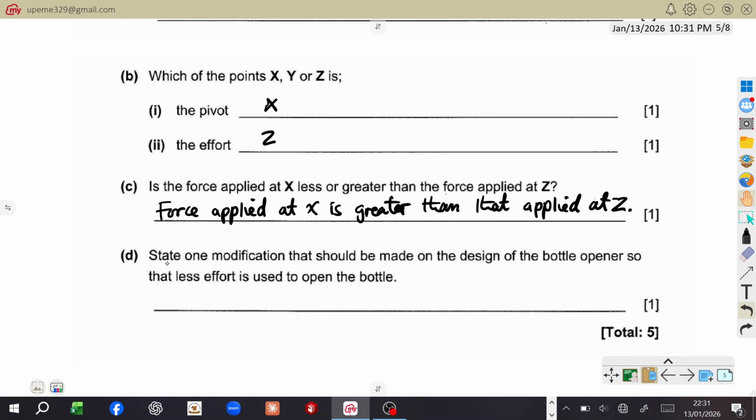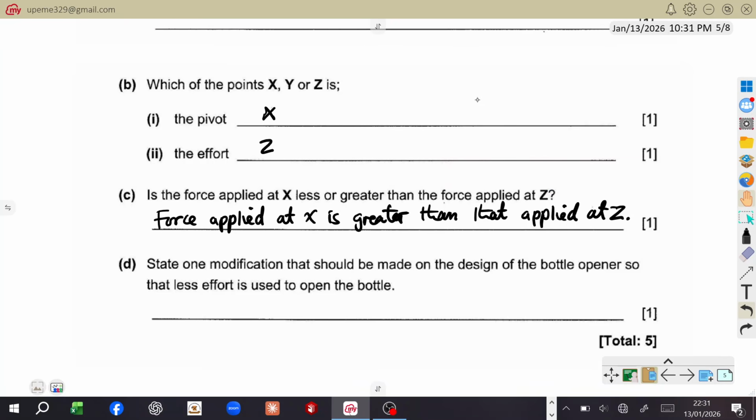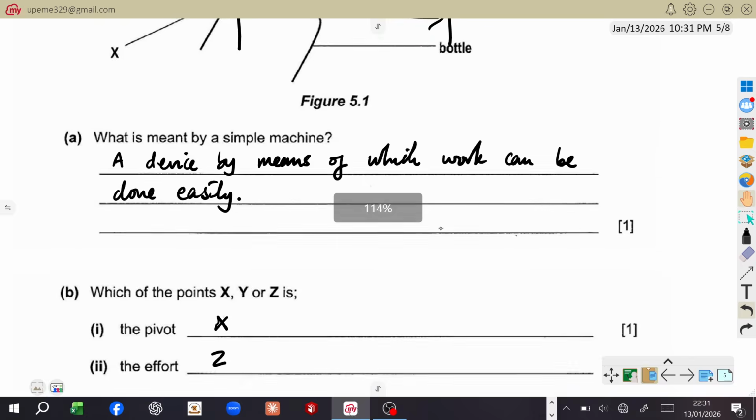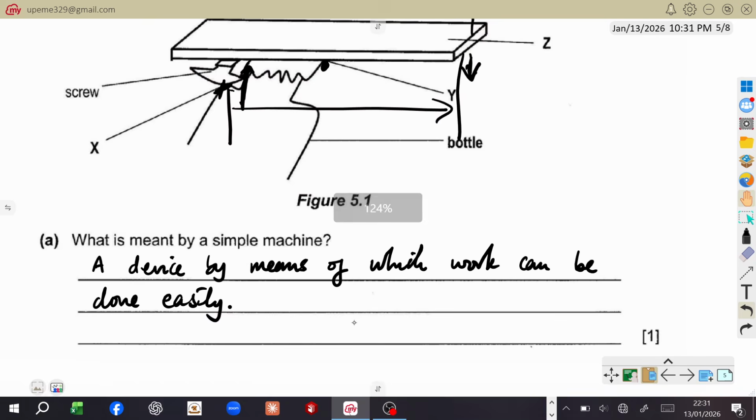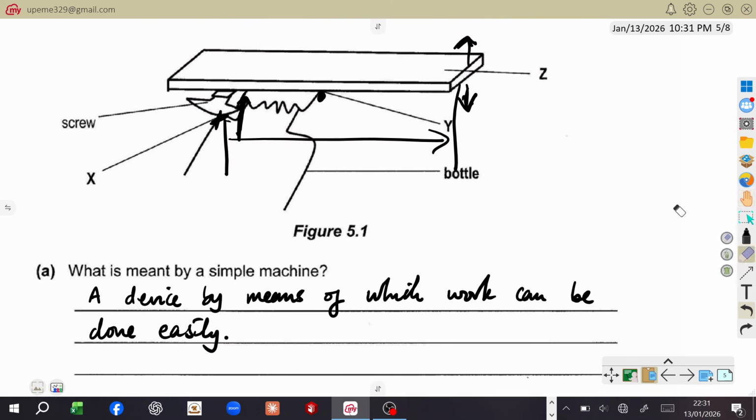Then they're saying, state one modification that could be made on the design of the bottle opener so that less effort is used to open the bottle. So there again it enters into our brain to see if we are reasoning. That's what science is. It enters into the brain of the learner to see if they are thinking. Which design can you do as a designer to make sure that you apply less force to open?